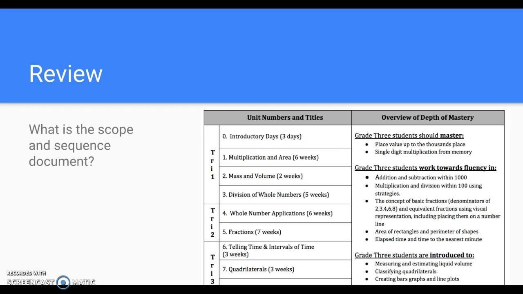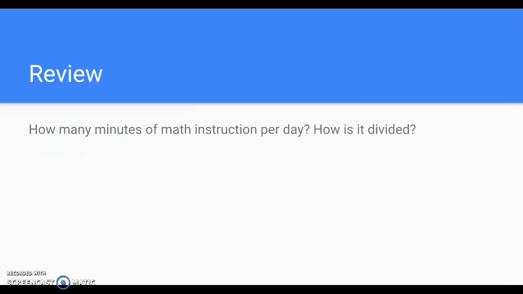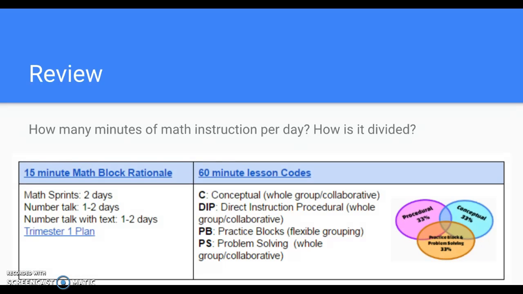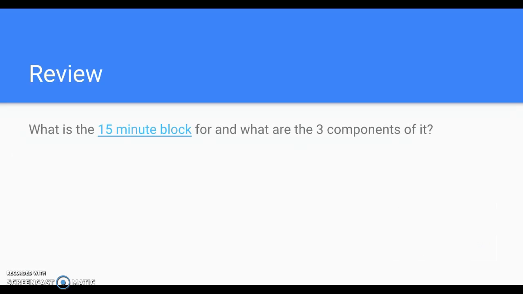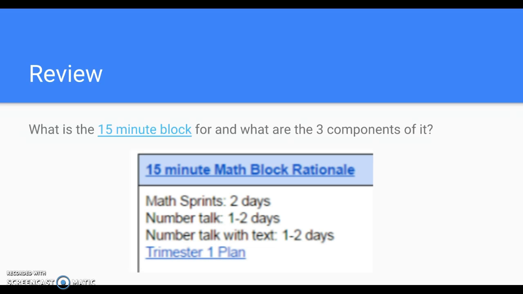It's a document that details what students should learn per grade level and includes each unit title. How many minutes of math instruction per day? 75. What is the 15-minute block for, and what are the 3 components? It's math sprints, number talks, and number talks with text.